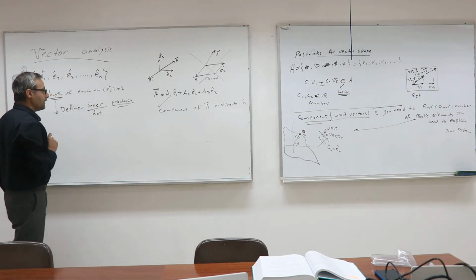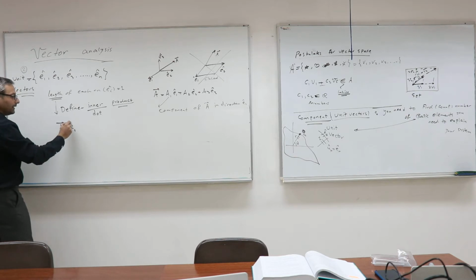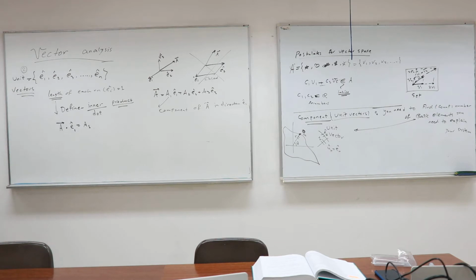So you need to define the dot product. The dot product between vector A and each element gives you the component of the vector in that direction. So if I have that E1, and if this is my vector A, just make the projection.